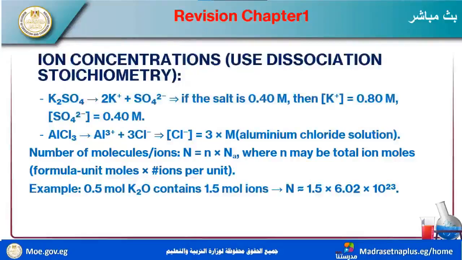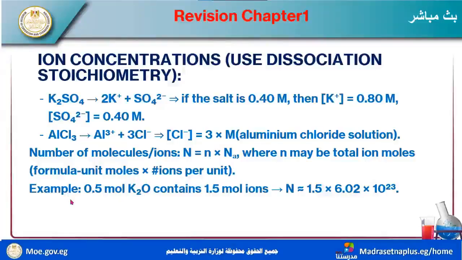We have oxygen in these compounds. K2O contains 1.5 moles of ions. How? We have 0.5 moles. 1 mole equals 3 moles of ions.